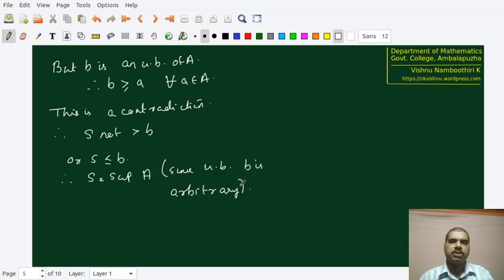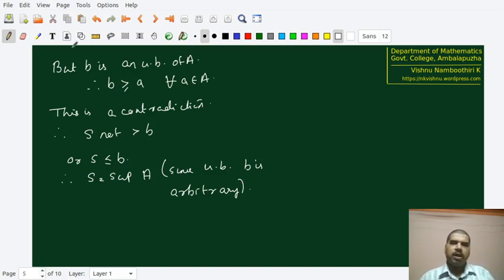So we establish that if S is such that S minus epsilon is less than A for some A for every epsilon we choose, then S is the supremum of A. So we establish the statement in both directions.